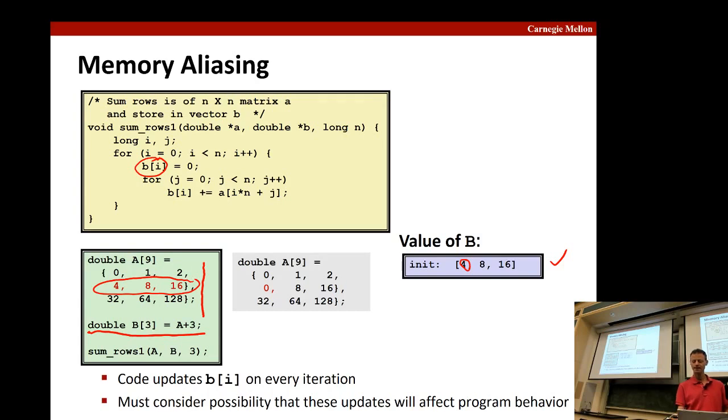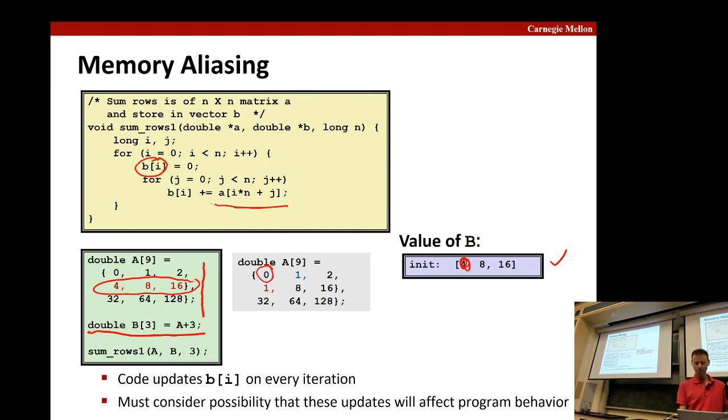So by doing this assignment of 0 here, I actually set that to 0 there. So now I start to do the sum. So I want to sum the first row. So I sum the 0, and I'm going to add that to the 0, and I get 0.